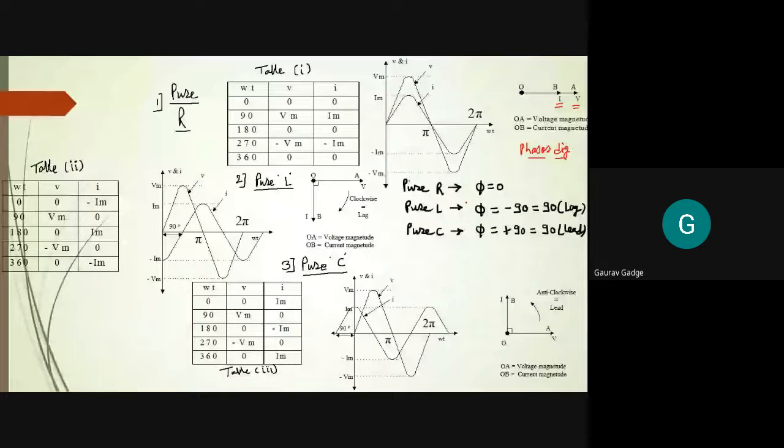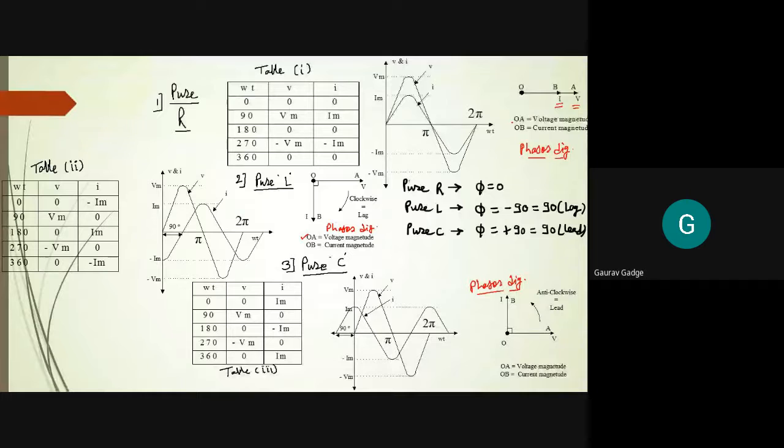Then if we talk about the pure inductor, the phasor diagram is like this, where current lags voltage by an angle of 90 degrees, and for a pure capacitor, current leads voltage by an angle of 90 degrees. If I consider the common element in all three phasor diagrams, the reference phasor, that is OA.